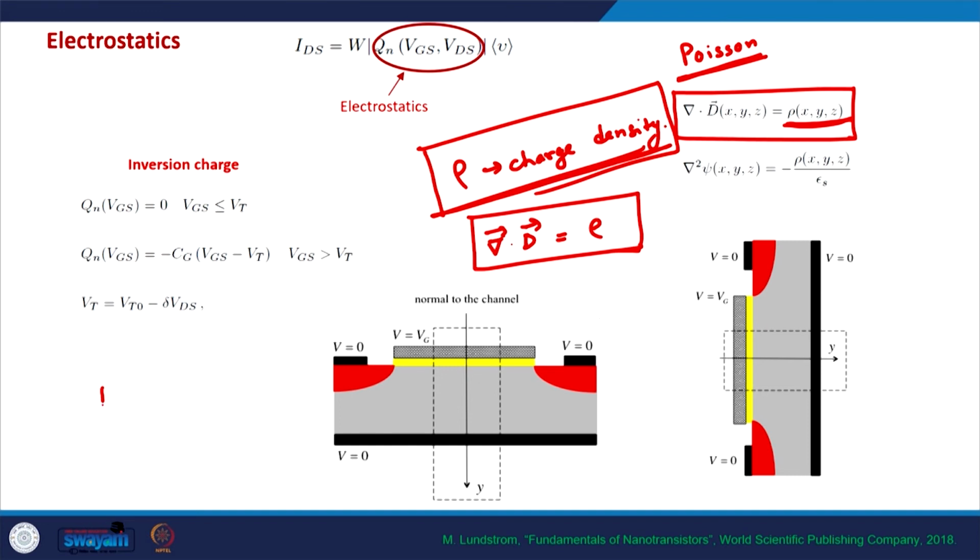And generally D is related to E by epsilon s times E, where E is the electric field. Since we are mostly concerned about the charge in the semiconductor, epsilon s is the permittivity, or dielectric constant, of the semiconductor. E is related to the potential by minus del psi.